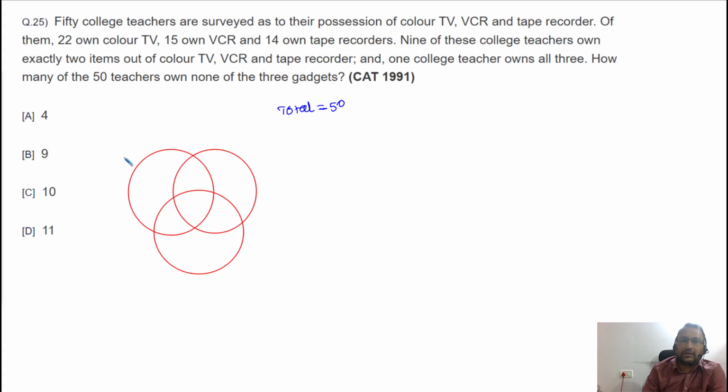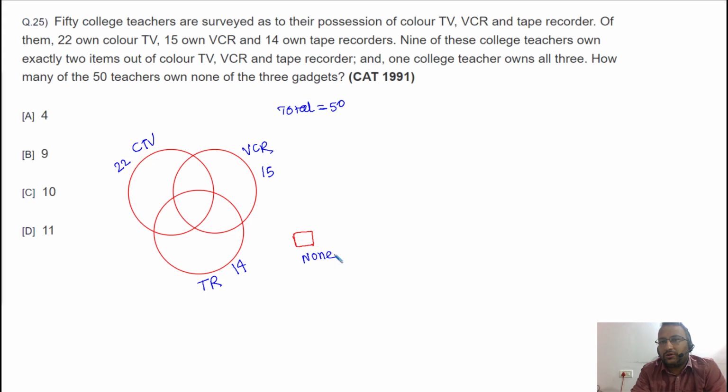Let's say this circle represents color TV, this is for VCR and this is for tape recorder. The value of the color TV circle is 22, the VCR circle is 15, and the tape recorder is 14. And there is a none region as well. There can be some teachers who do not own any of these 3 items. That is the none region.